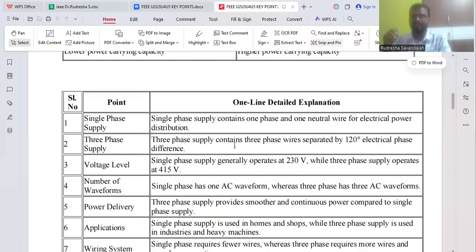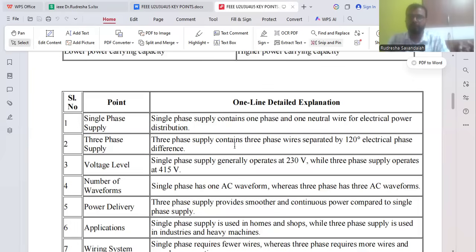Voltage level: single phase supply generally operates at 230 volt, while three phase supply operates at 415 volt.